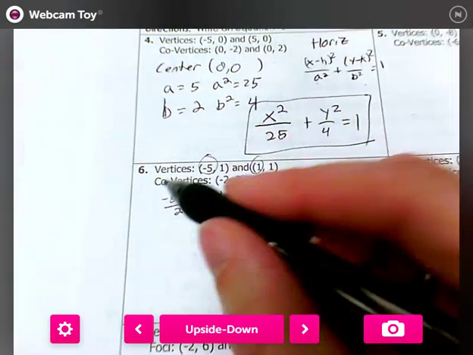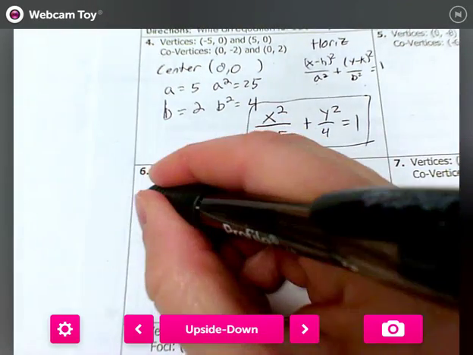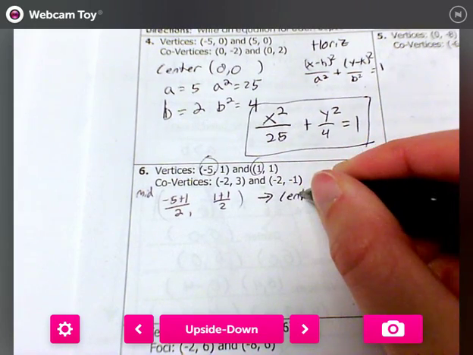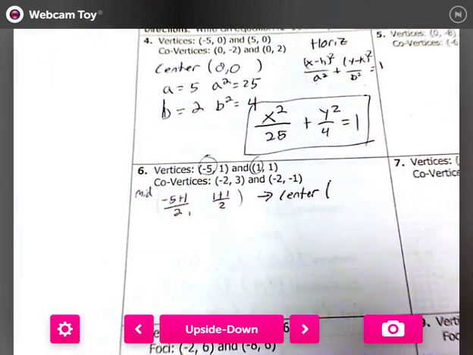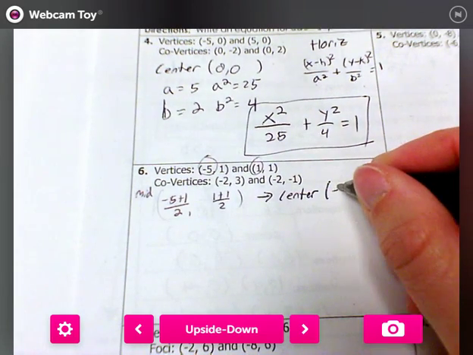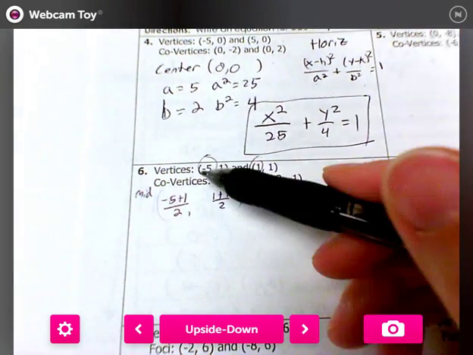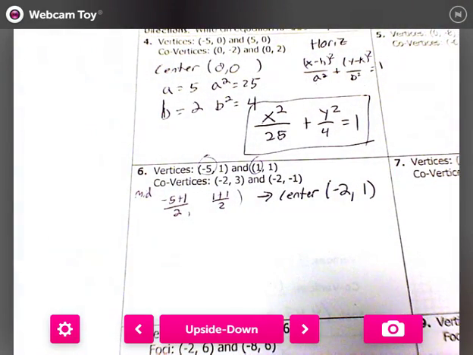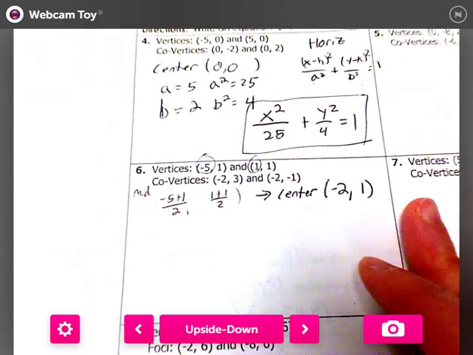Okay? That's the midpoint formula. And that means that my center is going to be negative 5 plus 1 is negative 4 divided by 2 is negative 2. 1 plus 1 is 2, divided by 2 is 1. Gives us our center just like that.